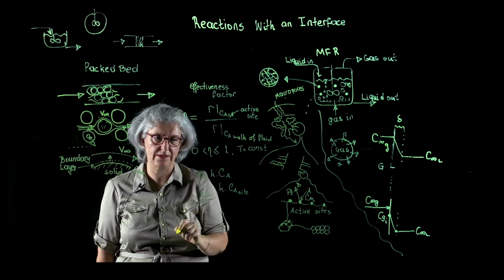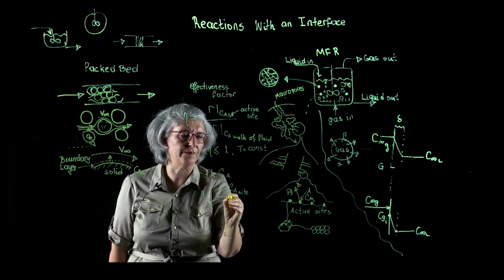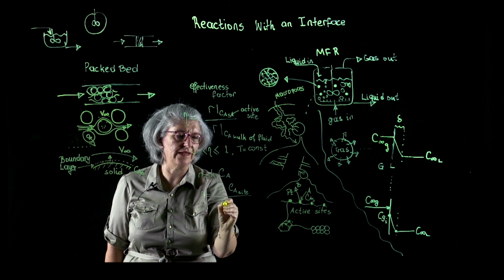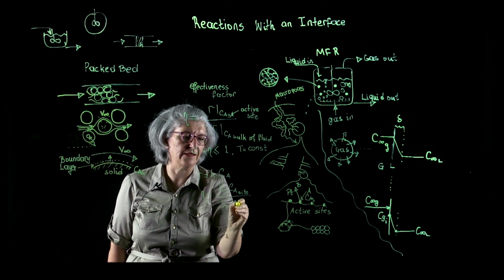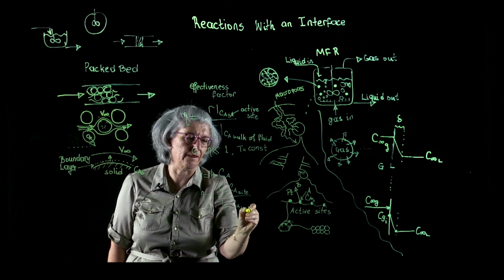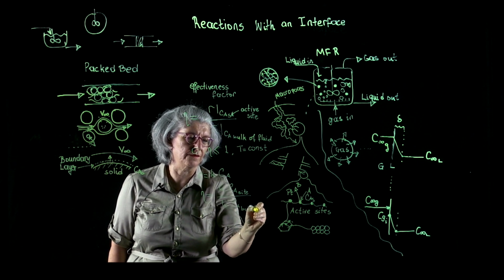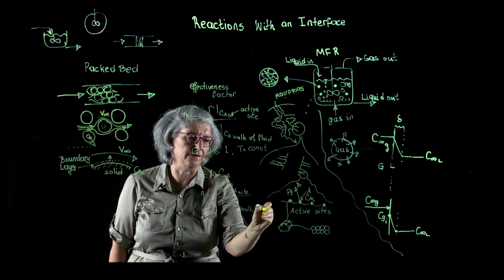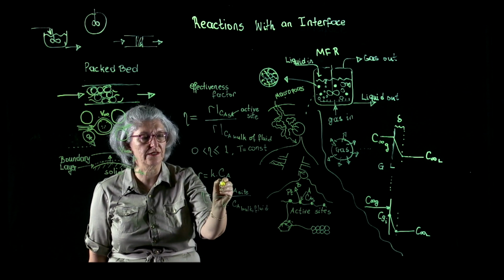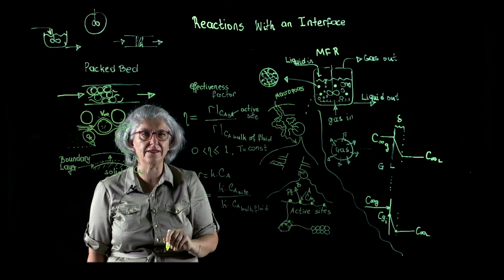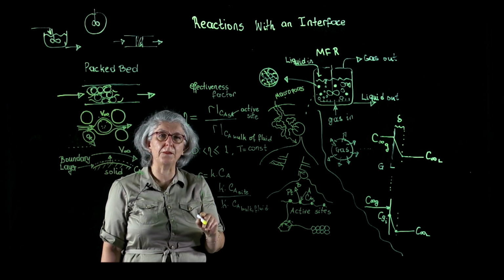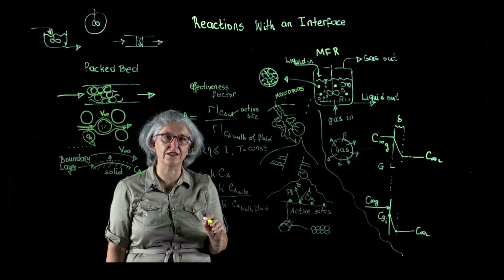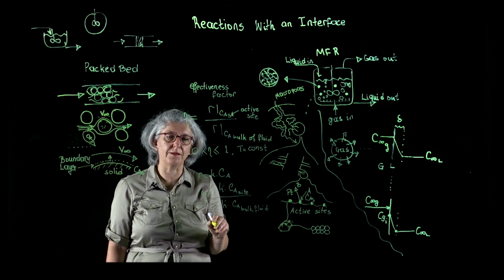Let me be precise here. Divided by K times Ca, the bulk fluid. Okay, for first order reactions, K's cancel and the effectiveness factor is the simple ratio of the concentrations at the site and in the bulk.